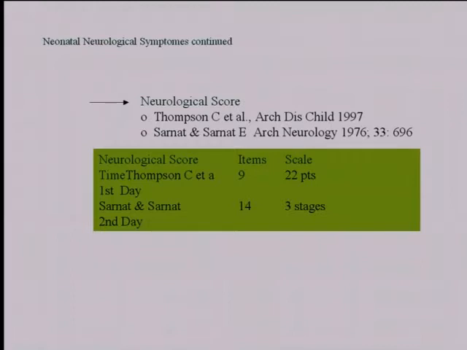So this is a much better and finer gradient measure you can use. It takes only 9 items to assess, and it is useful already from the beginning onwards, because the Thompson score is just an evaluation of all neurological signs you can have with hypoxic ischemic encephalopathy.